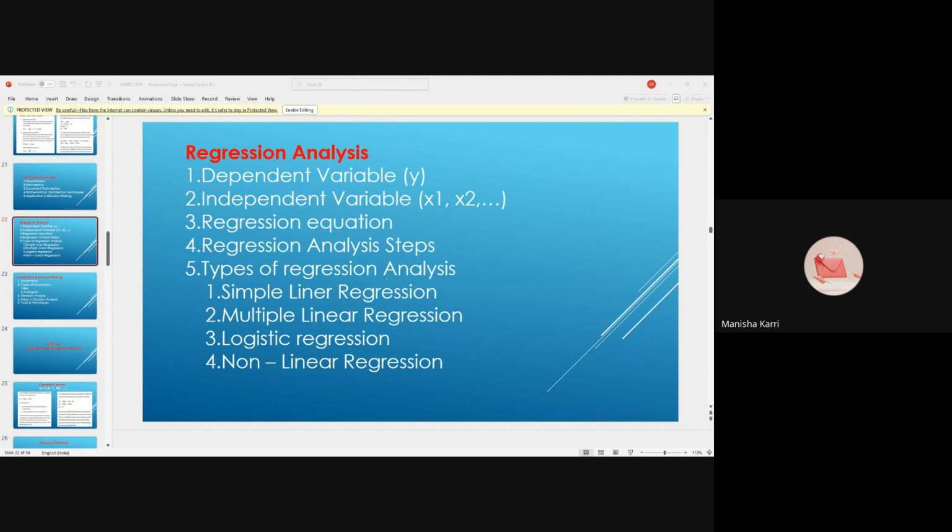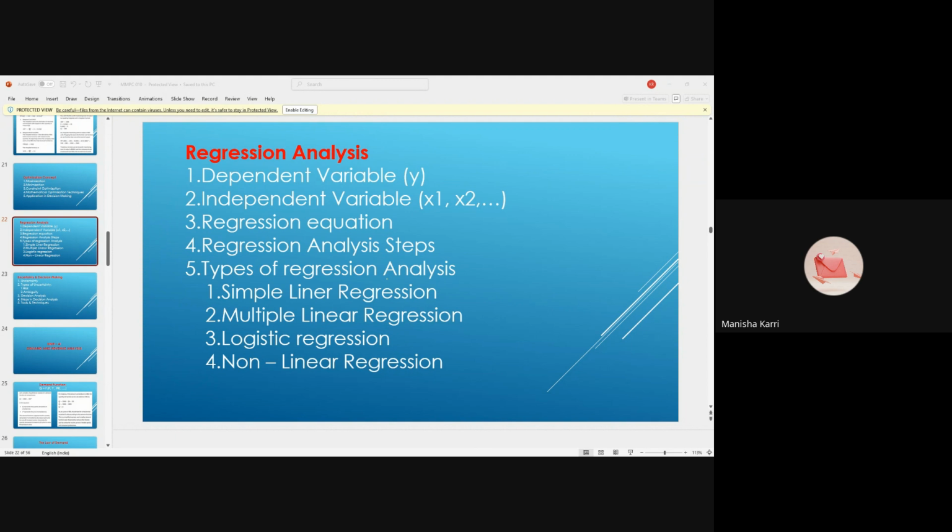So next one is types of regression. How many types of regressions are there? You can see on the screen 4 types of regressions. First one is simple linear regression. Simple linear regression means one dependent variable and one independent variable. In multiple linear regression, one dependent variable and multiple independent variables will be there.